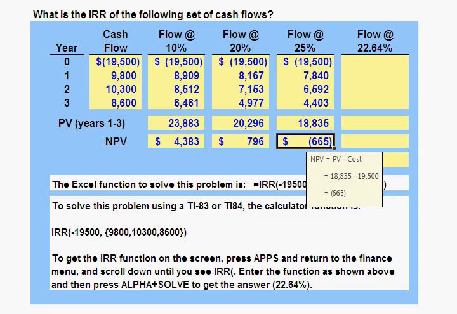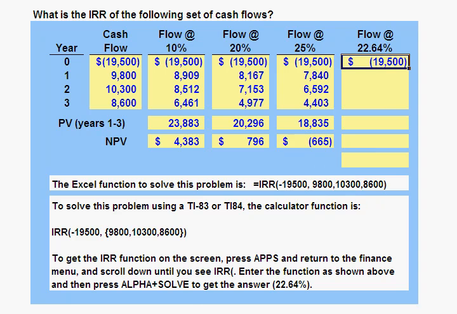This means that our 25% interest rate is too high. We would want to select something in between 25% and 20%. We would keep proceeding with our trial and error. Had we selected 22.64%, we would get the following present values. Time 0, negative 19,500. Time 1, 7,991. 6,848 at time 2.